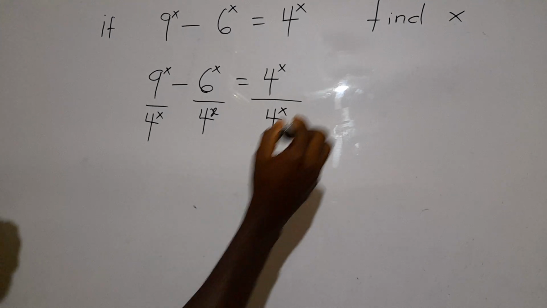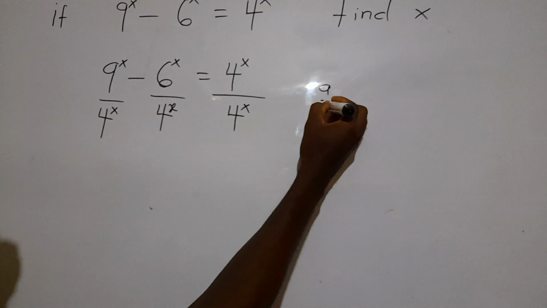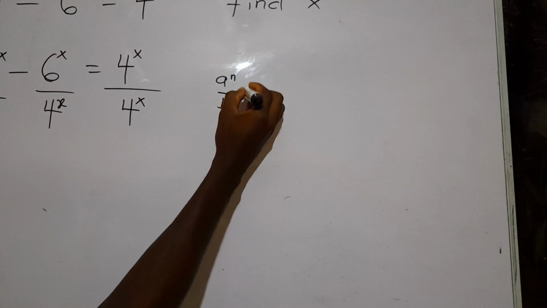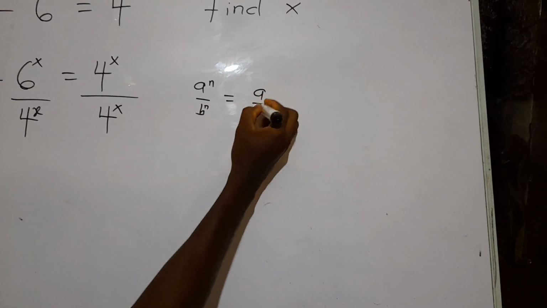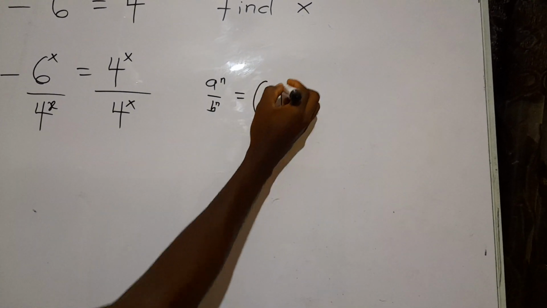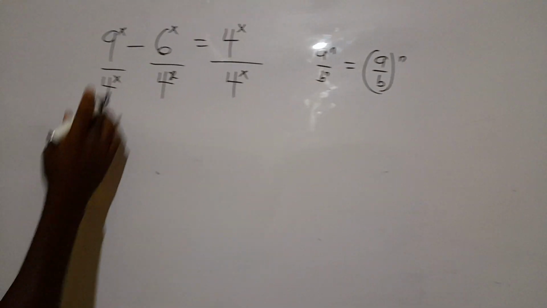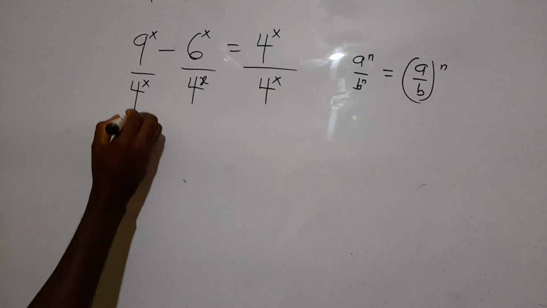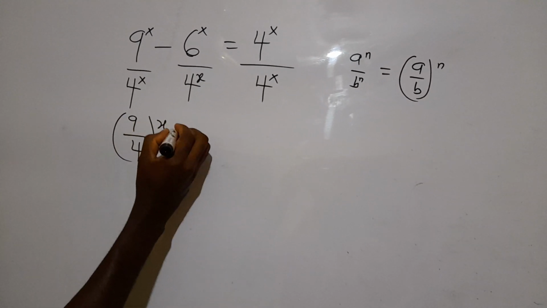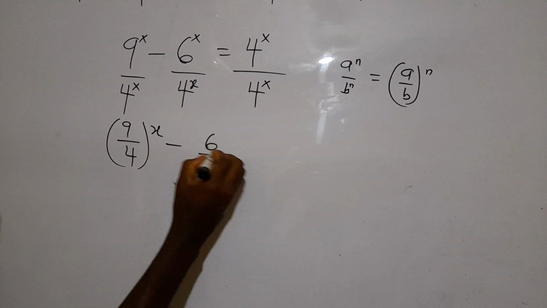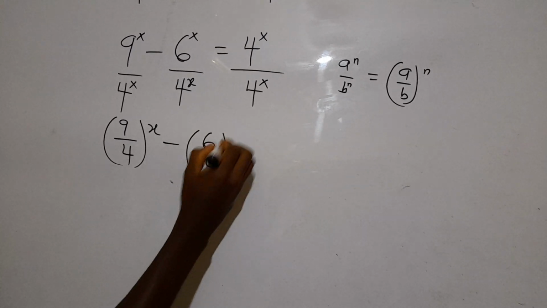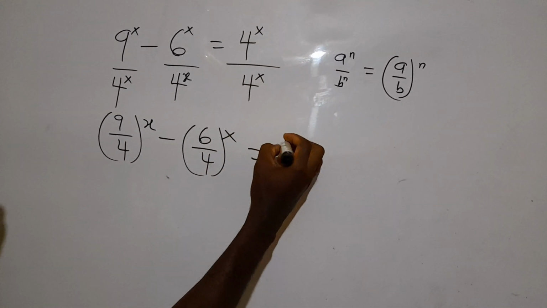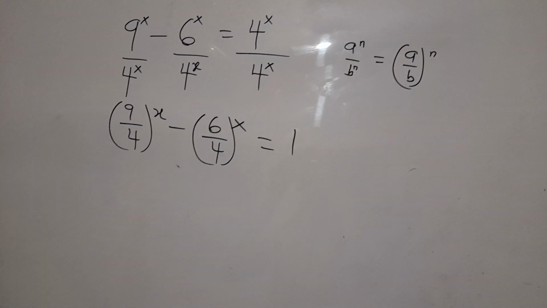And remember, from indices, a exponent n over b exponent n can be written as a over b all exponent n. So I can rewrite this as 9 over 4 all exponent x minus 6 over 4 all exponent x is equal to 4 exponent x divided by 4 exponent x, which will be 1.